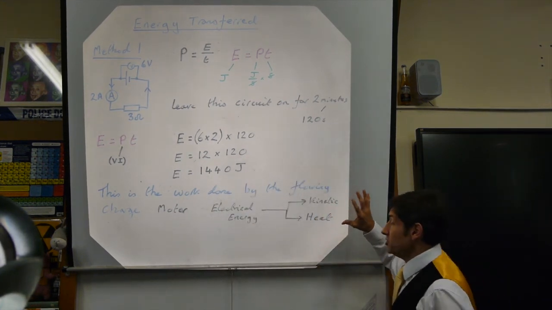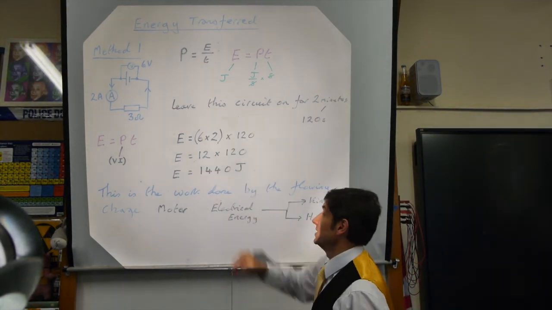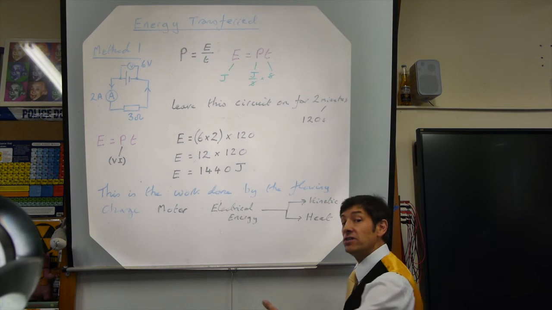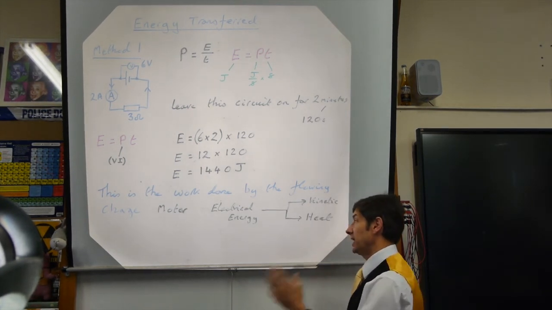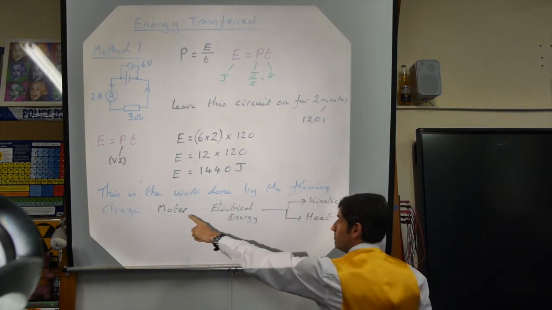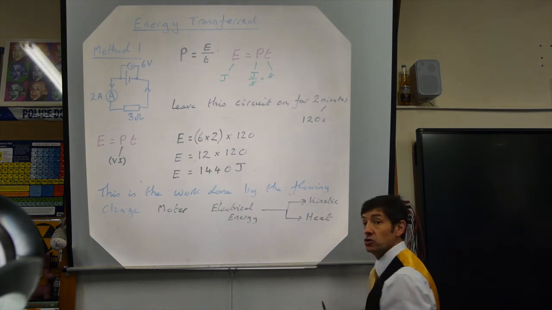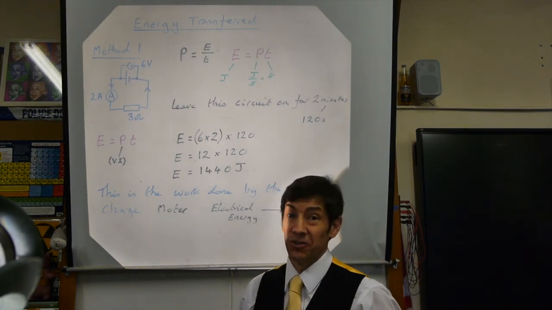So you can see we can calculate the work done by the circuit, the amount of energy that it's transferred, and it's good at GCSE that you understand that electrical energy will turn into other forms, and in the case of a motor, it will turn into kinetic as useful and heat as the wasted energy.